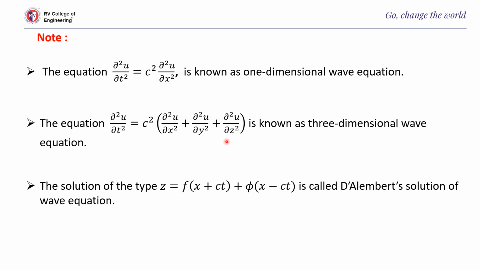So we have written the wave equation in terms of 3 dimensions as well. Now the solution z is equal to f of x plus ct plus phi of x minus ct is the solution for the wave equation, which is particularly known as D'Alembert solution for the wave equation.